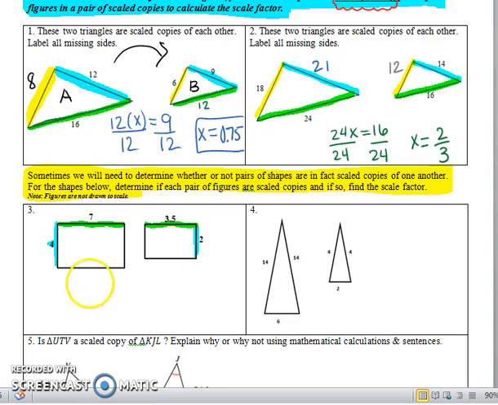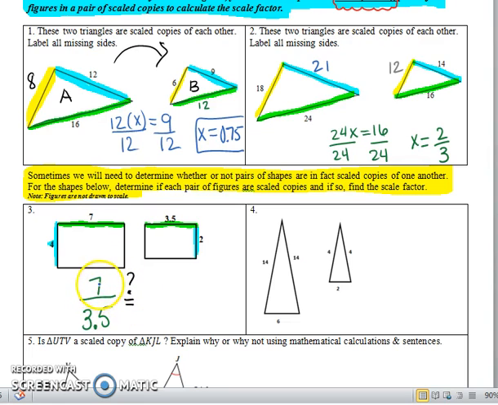So I'm going to say the 7 on the bigger rectangle corresponds with the 3.5 on the smaller rectangle. And I want to know if that is equal to the ratio for the other two sides that correspond.